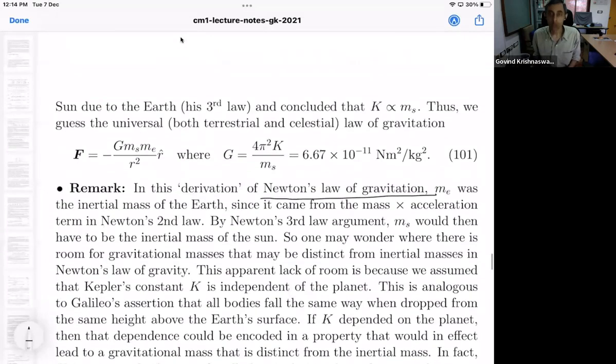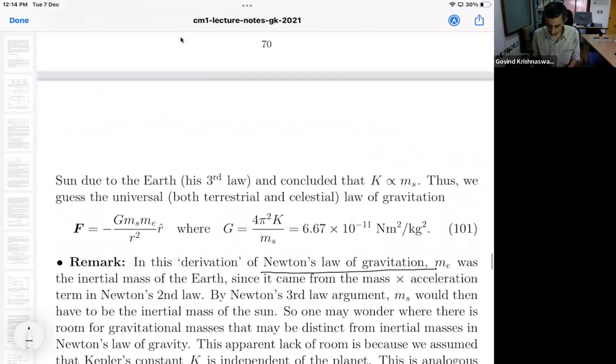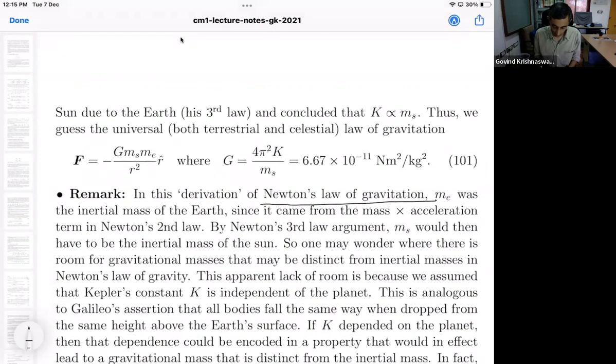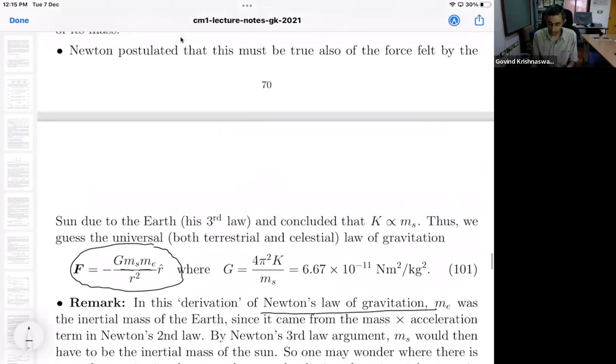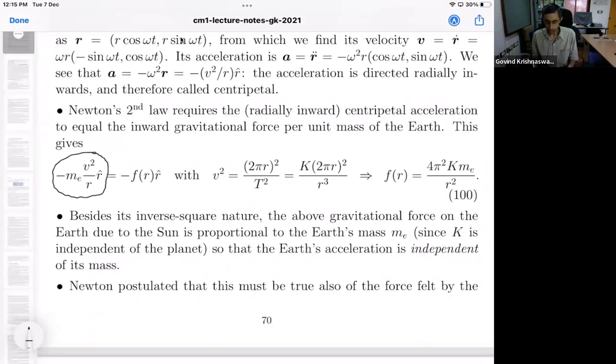We used Kepler's third law, and the idea of Newton's second law of this reciprocity to come to the conclusion that the force felt by the Earth due to the Sun is proportional to the product of the two masses. And the masses here really entered from the inertial mass that appeared in the mass times acceleration formula.